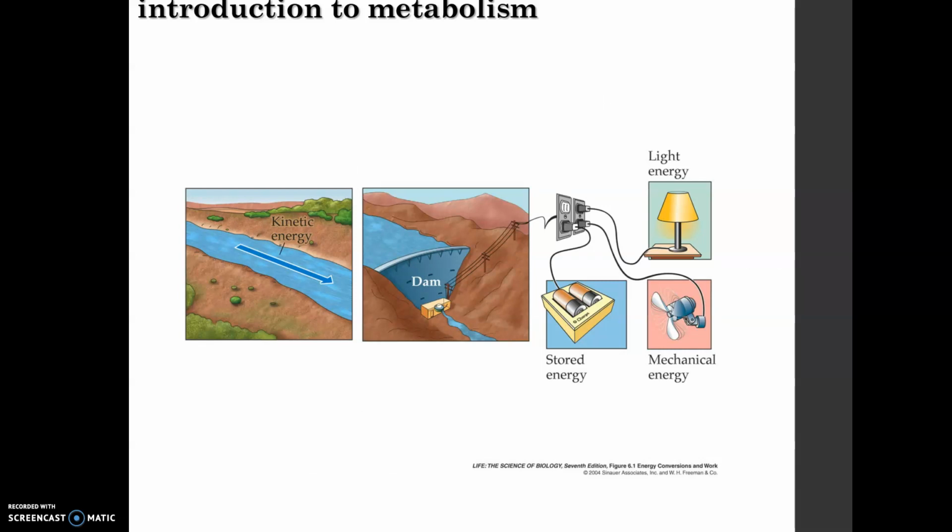Here we have water moving down a stream, and this is going to be kinetic energy. Now, if we stop it up right there, that water is our potential energy, because you are stopping it from moving.